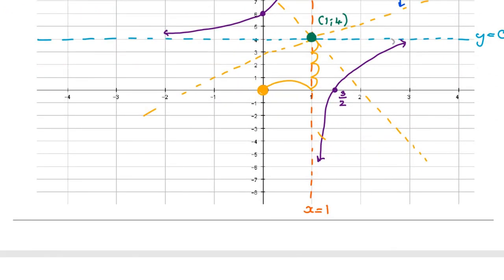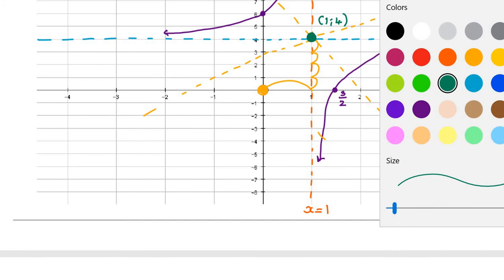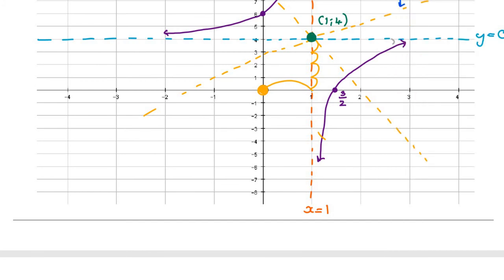The next way to do it I'm going to do at the bottom of this graph. Every now and again I find this useful. I know that my axes of symmetry are y is equal to x or y is equal to negative x, and all I need to do is translate both of these 1 unit right and 4 units up.